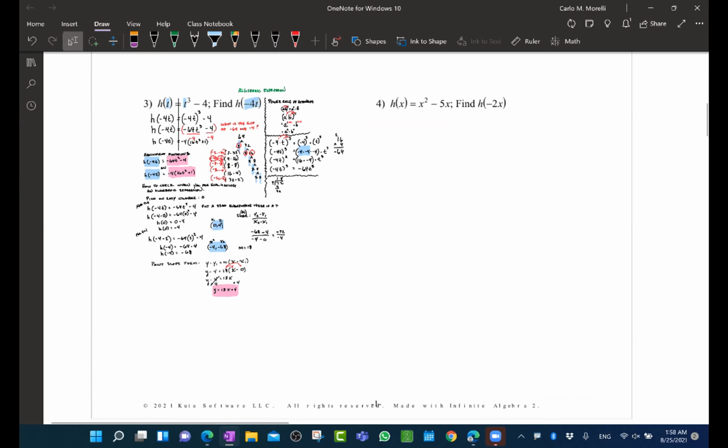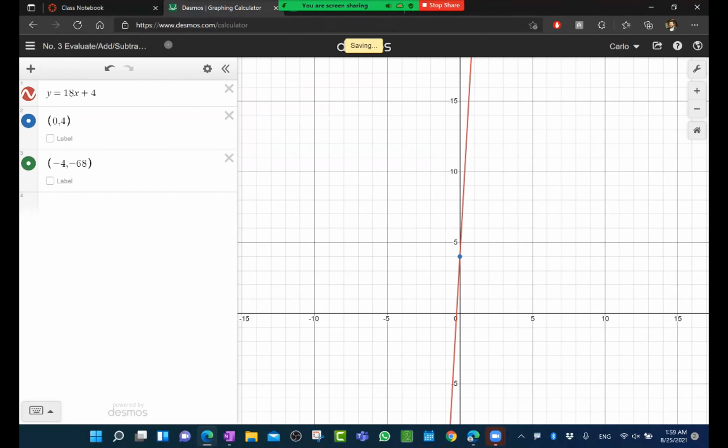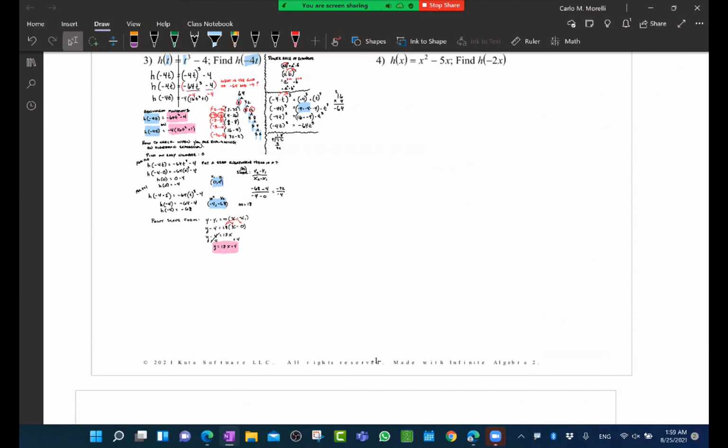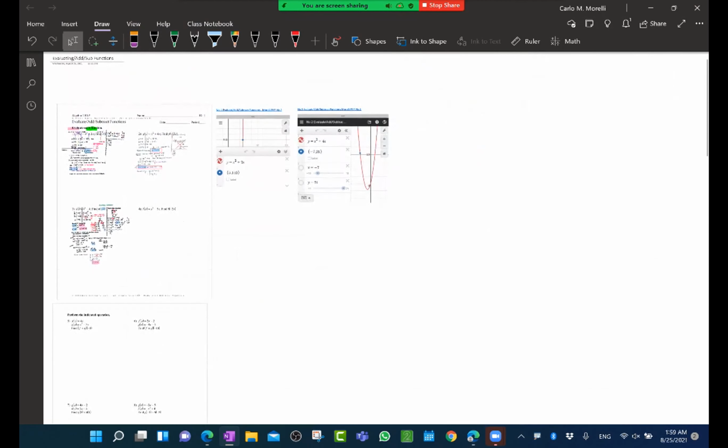And the homework assignment is called Evaluate, Add, Subtract Functions. And this was Morelli pre-AP Alg 2. Okay, save. So that's saved. And let's share the graph. And we'll put it over here, like right there.